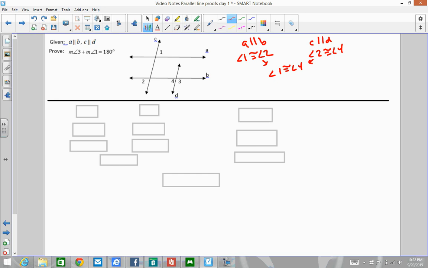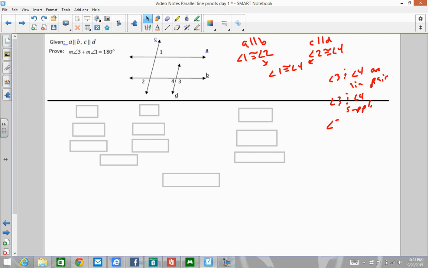But I got to get 180 into this problem. If I look at this problem, the only place I can get 180 is that angle 3 and angle 4 are a linear pair. And then I know that angle 3 and angle 4 are supplementary because of that proof stuff. Now, when you're doing these, it might be good to have those beginning proofs out that we did last week. That can help you.